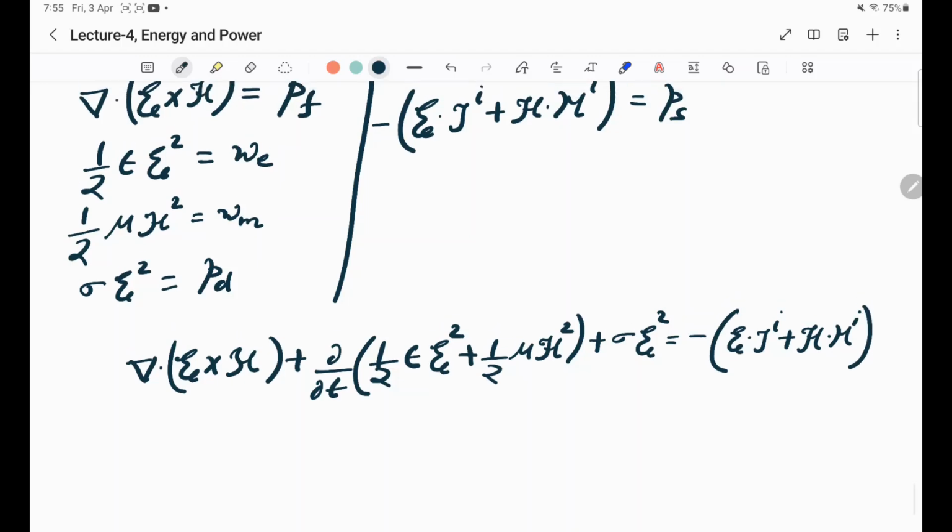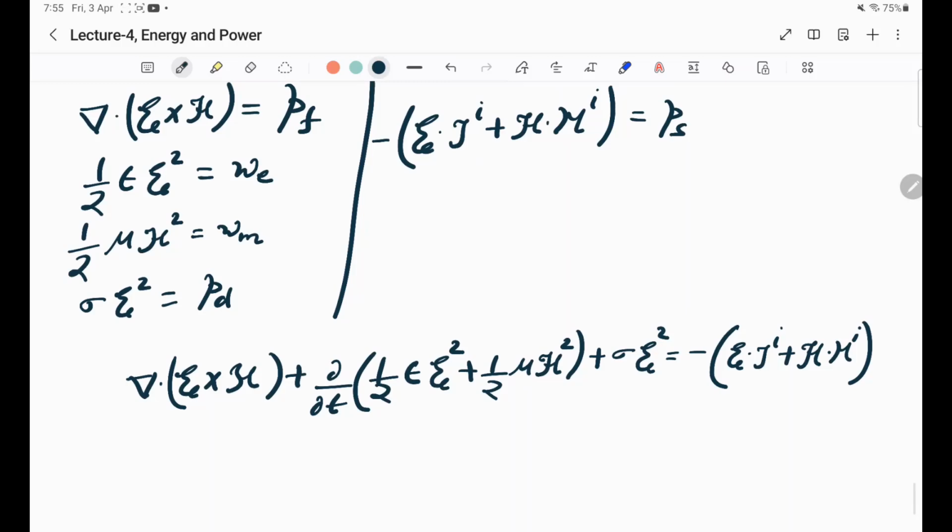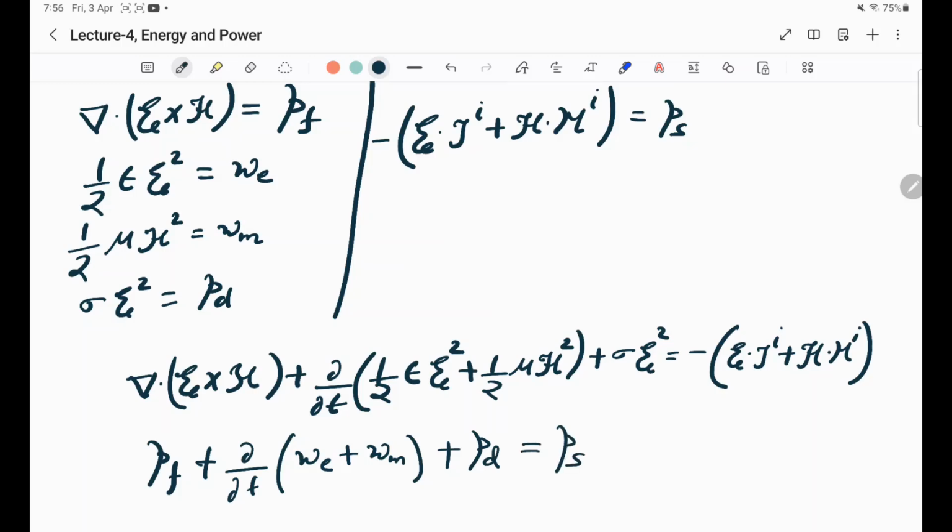Now we will substitute these terms here. So we will get PF plus del by del T in brackets WE plus WM plus PD is equal to PS.